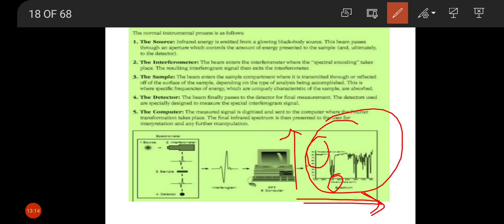Okay, so in the next part of this lecture I will discuss in detail every part of the IR spectrometer.